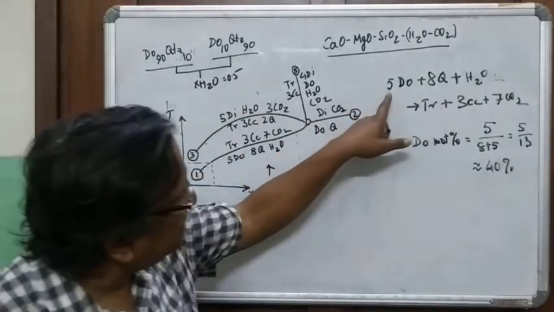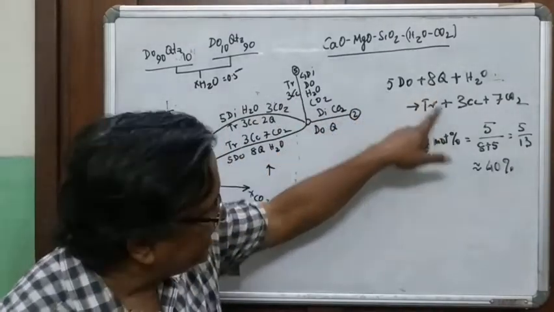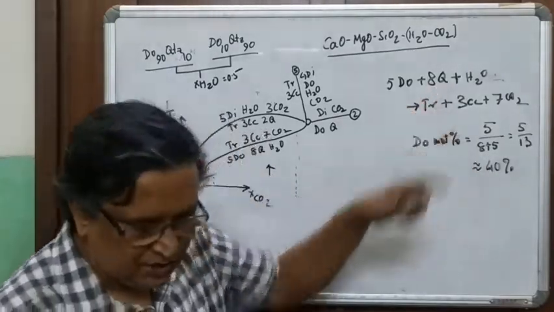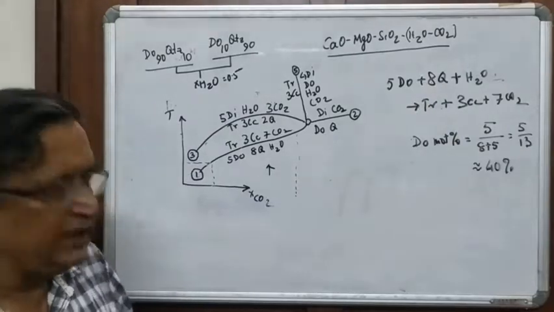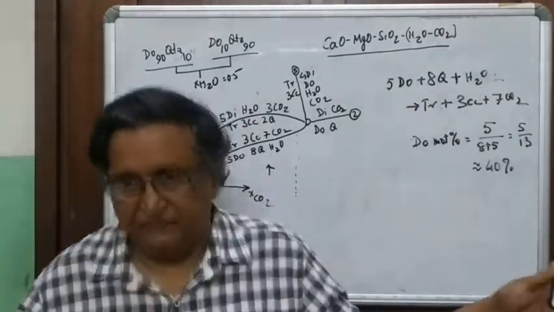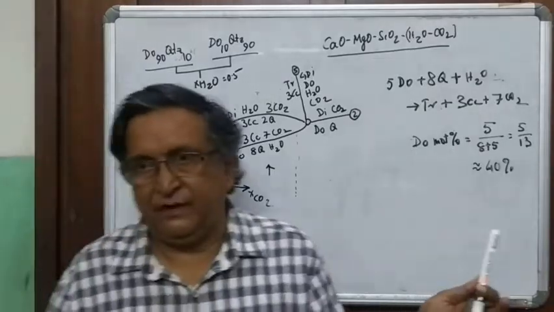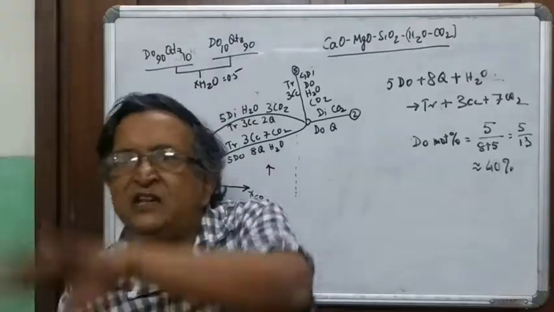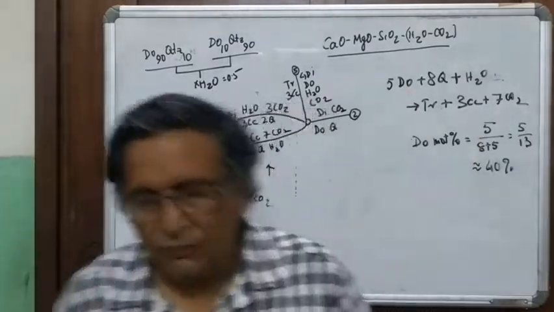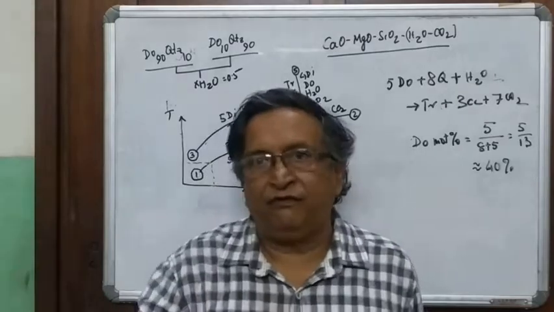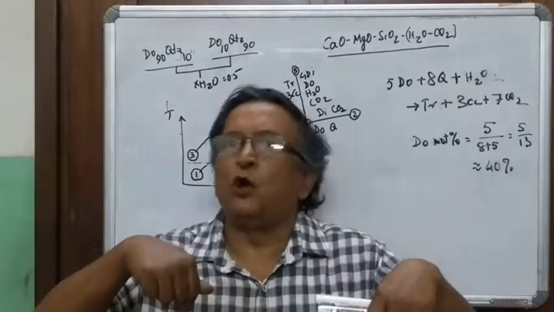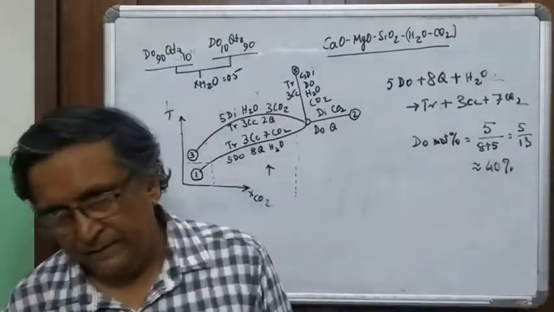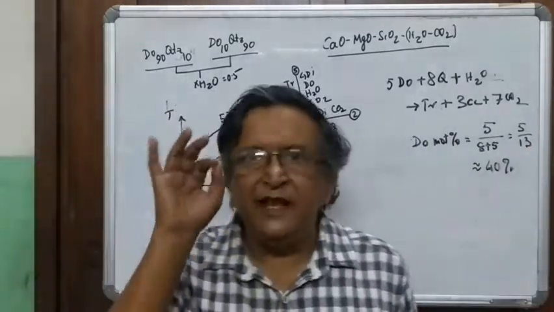It would react in the ratio 5:8. That means nearly 40% dolomite and 60% quartz would react in the rock, irrespective of the proportion of dolomite and quartz initially in the rock. This is very, very crucial to understand.